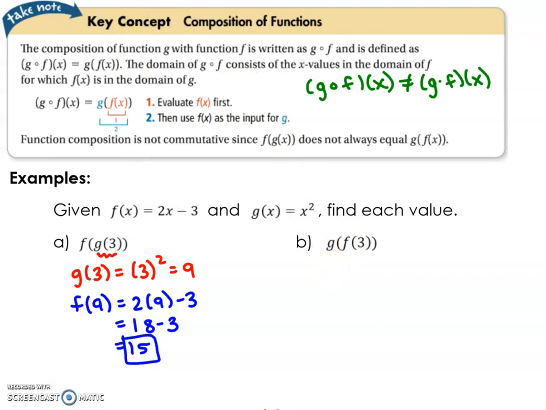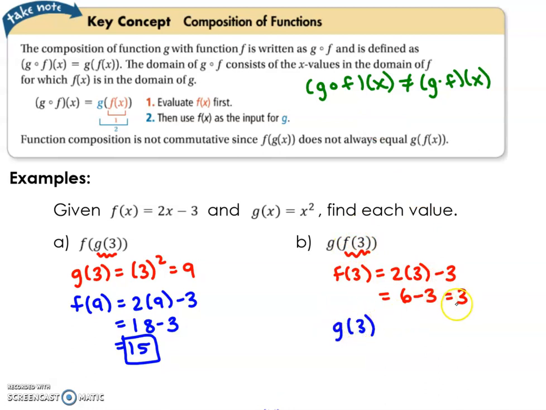Okay, here we have g of f of 3. Interior function first, so f of 3 we're going to do first. In the f function we have 2 times 3 minus 3. So 6 minus 3, which is 3. Then we take that 3, because that's our answer for f of 3, and we're going to do g of 3.